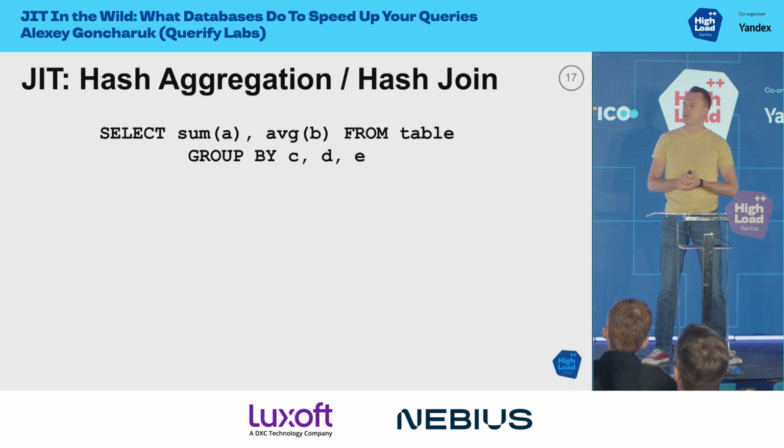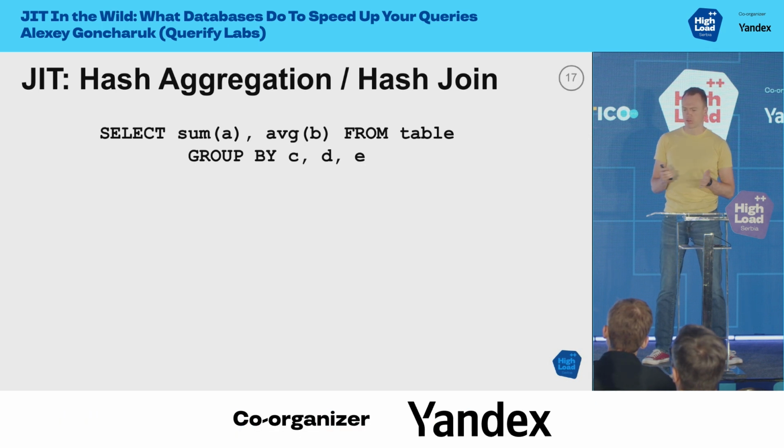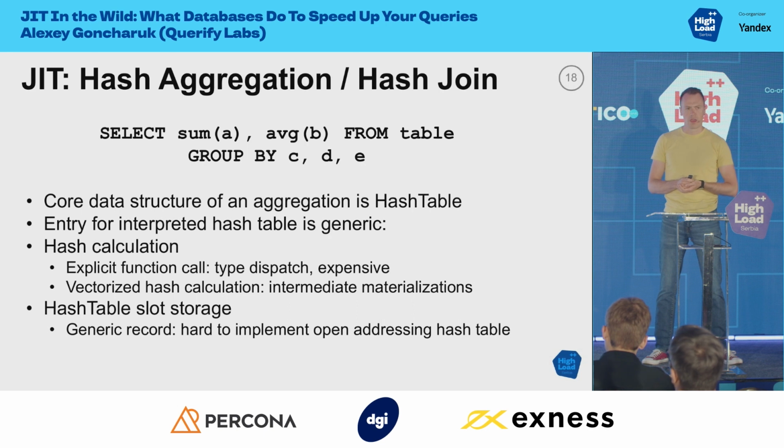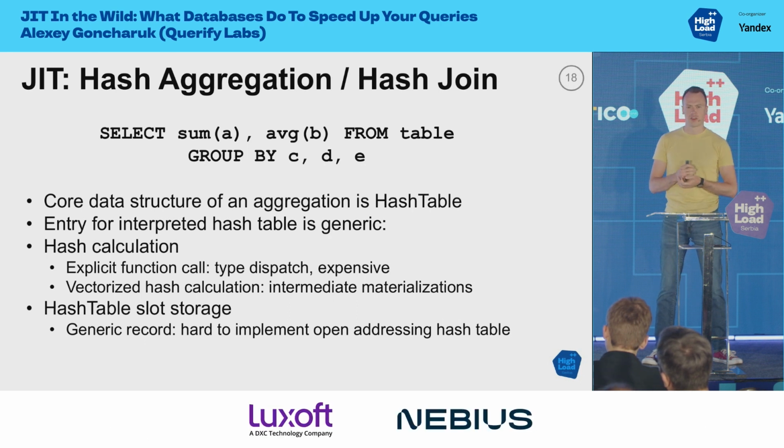The next thing that we want to look at is the hash aggregation and hash join operator. And again, this is a very simplistic query that can represent this particular operator. And the core data structure of any non-sorted aggregation or hash join is the hash table.